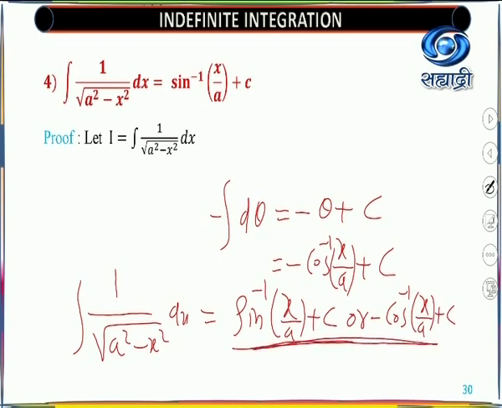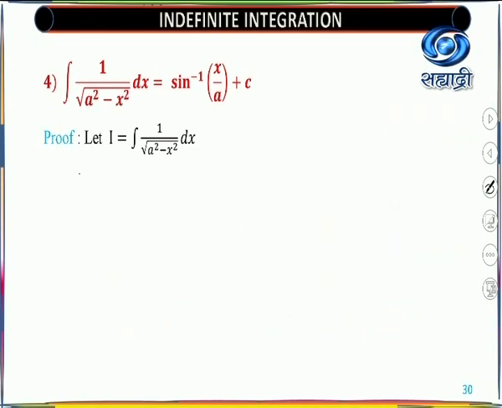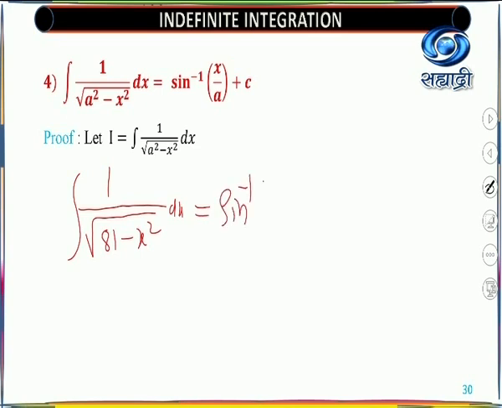It depends upon what your substitution is. We have taken one example here also: integral 1 upon root of 81 minus x square dx, and for substitution x equal to sine theta, we got the value as sine inverse x upon 9 plus constant of integration. That is when your substitution is x equal to a sine theta.